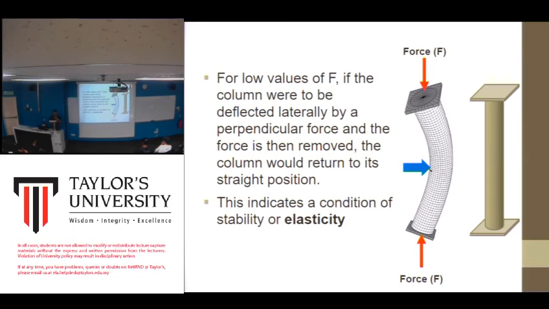That situation indicates a condition of stability or elasticity. Something like plastic: you can bend it, you can compress it, and as you release the load, it goes back to the original condition.